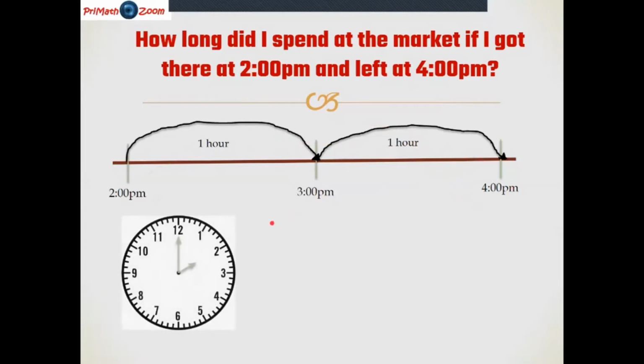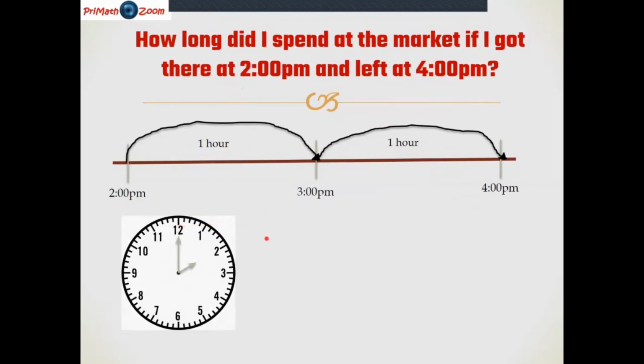Now let's look at this clock face. This clock face is showing 2 o'clock, right? So 2 o'clock is represented on this clock face. And given that we know that both the early time and the late time, which is the same as the beginning time and the end time, are on the hour, we can just add 1 more hour to 2 o'clock.